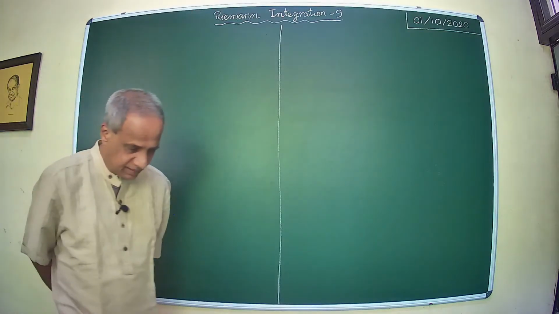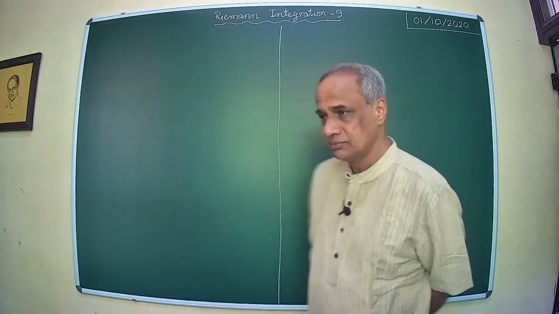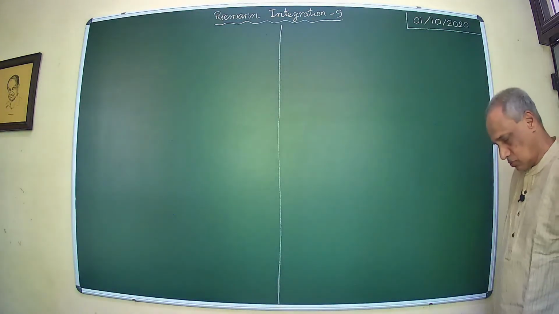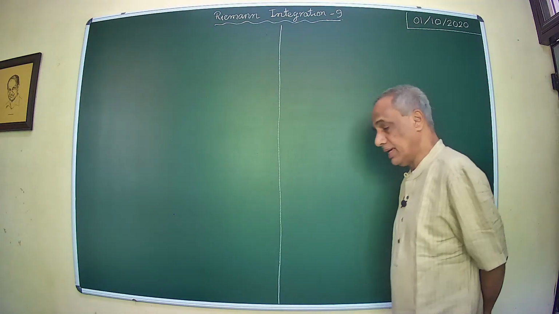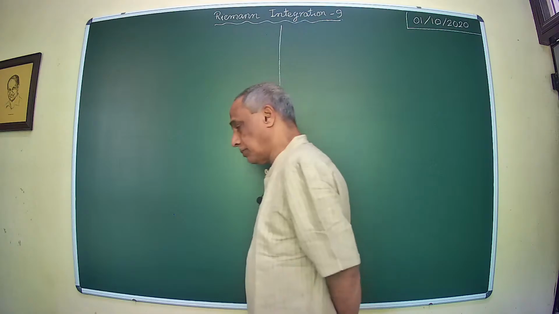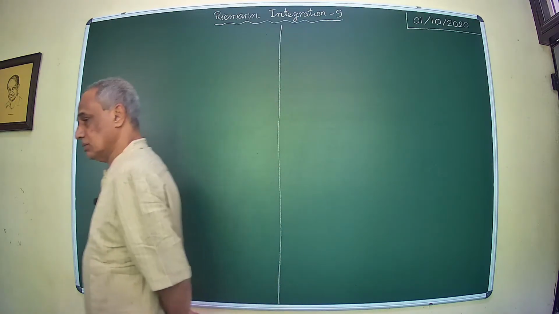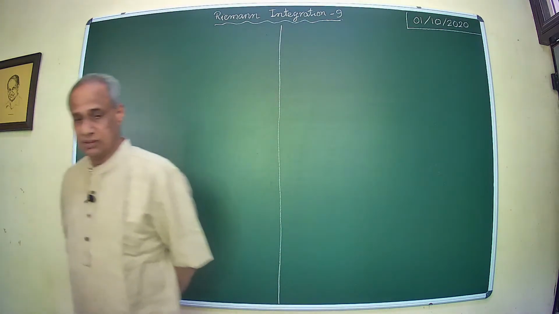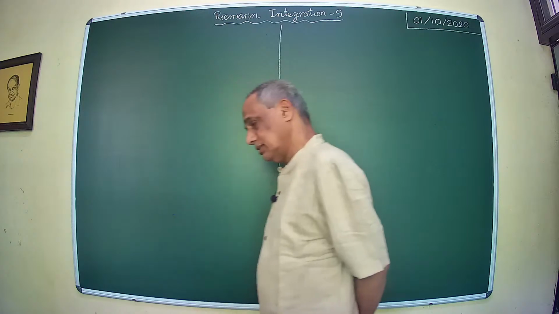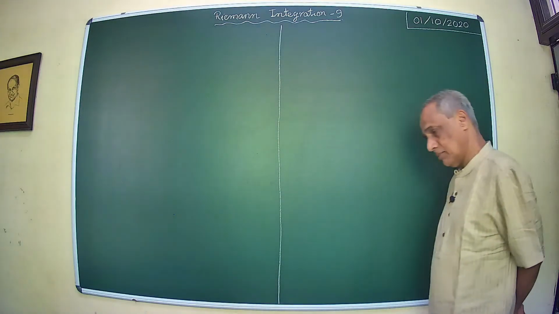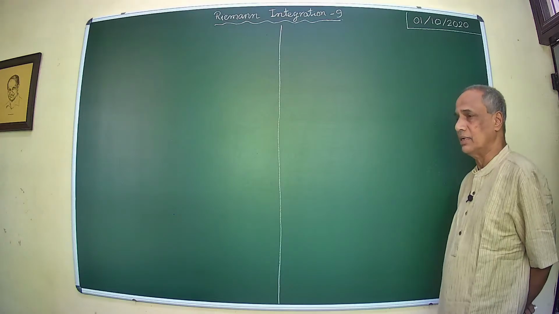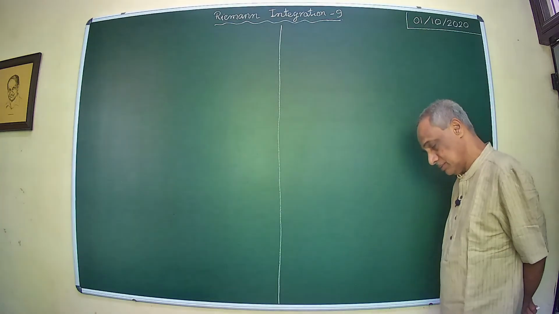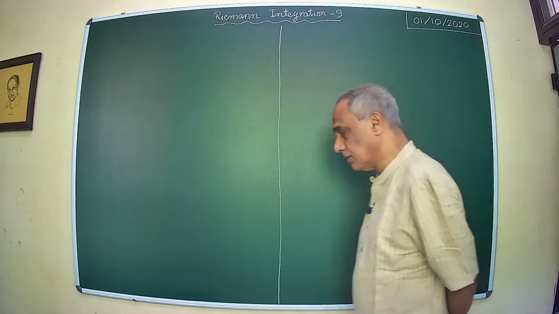We continue with our discussion on Riemann integration. Recall what we have done so far. We have investigated the problem of connecting the Riemann integral, computing the area function, to the antiderivative of the function.